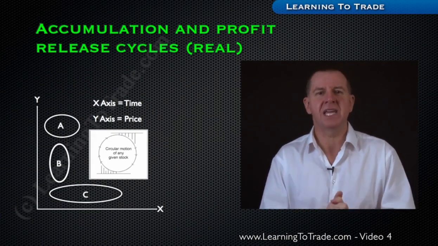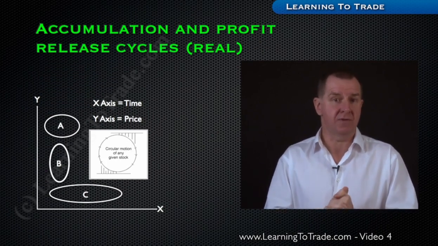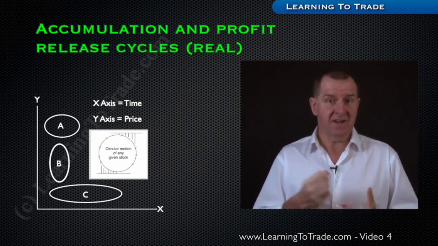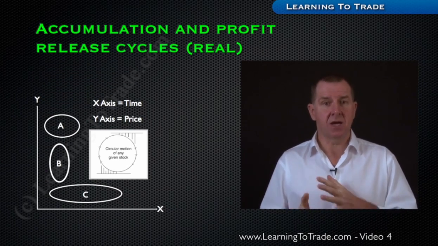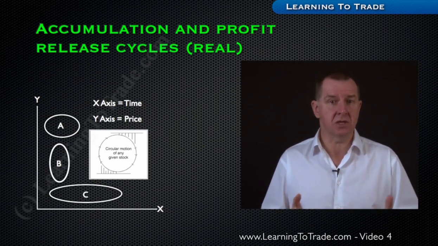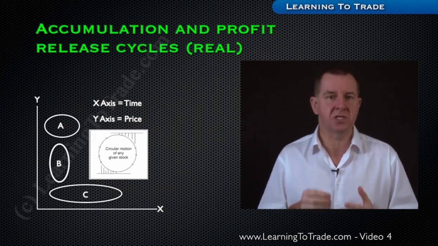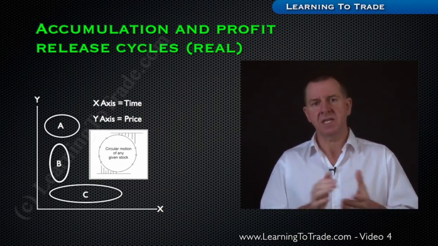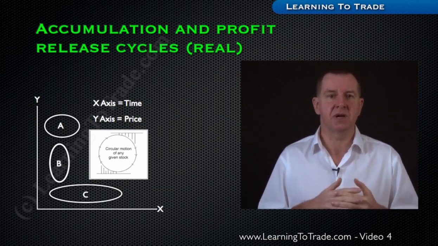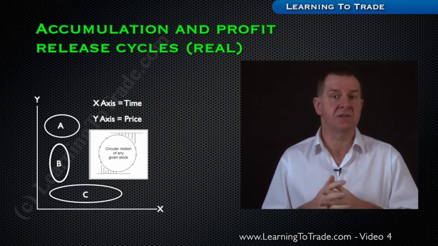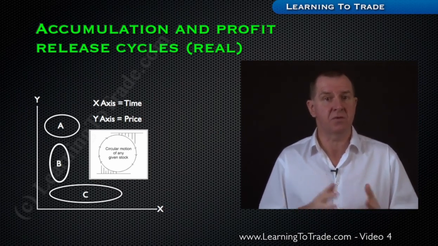This is a much more accurate representation of accumulation and profit release cycles because now we've added in time and price, as shown by the X and Y axis. Examples A, B and C are all still cycles, but they are distorted by time and price. In example C, we can see that the accumulation periods at the top and bottom are elongated by time, and the profit release phase at the sides only results in a small rising and falling of price.